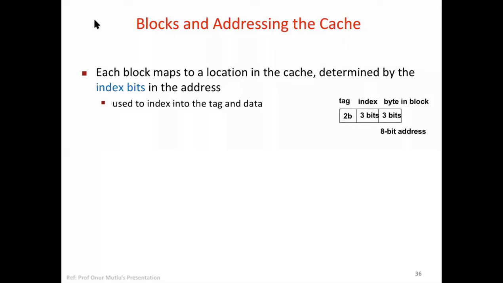So if the data is available in cache, suppose a request comes, we'll have to use the index bits of the address to go to the right location and check the tag bits to make sure that the actual data is available there. Okay, all right. Is it becoming clear or is it confusing?